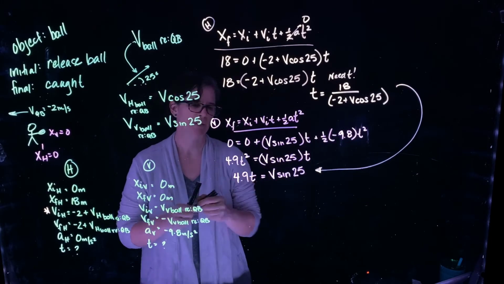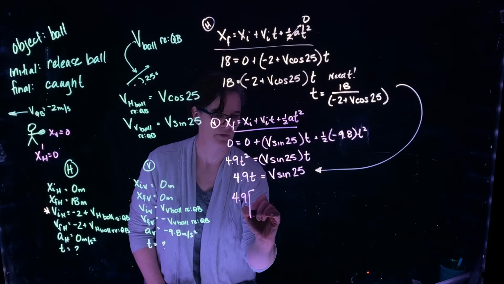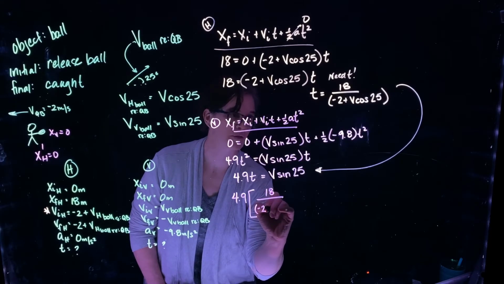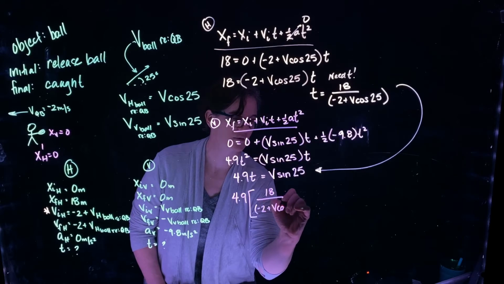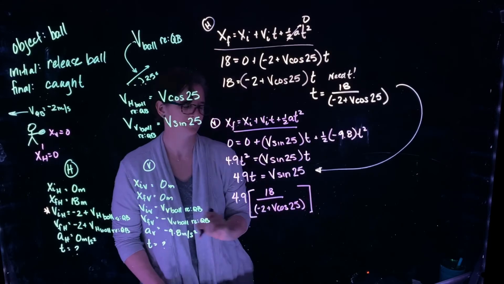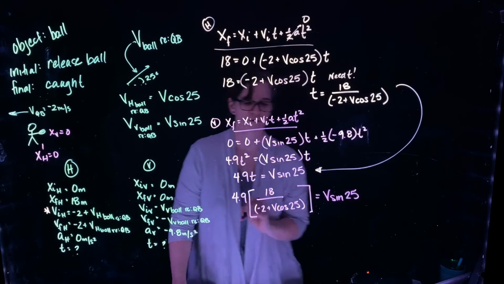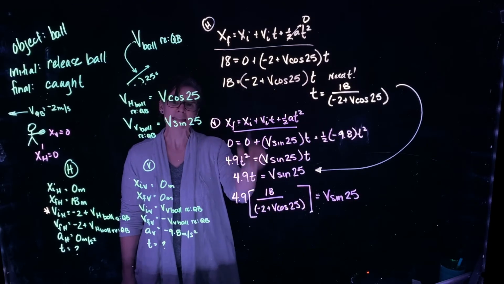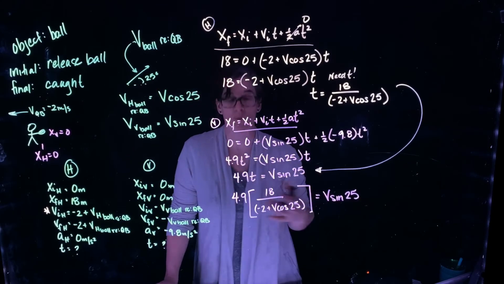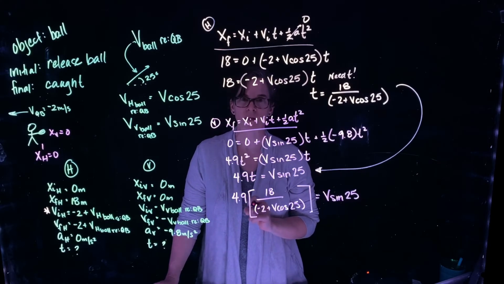So I end up with 4.9 times t, where t is 18 over the quantity minus 2 plus v cosine 25, is all equal to v times the sine of 25. Now I have a single equation which only has the velocity v in it, which is the velocity of the ball relative to the quarterback. That's what I want. So I can solve this equation for the velocity of the ball relative to the quarterback.